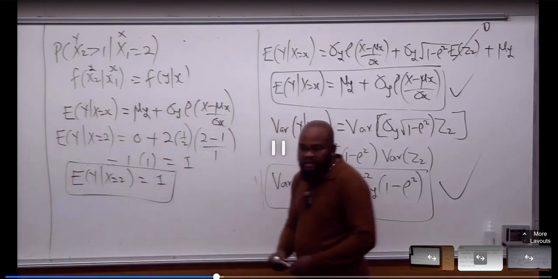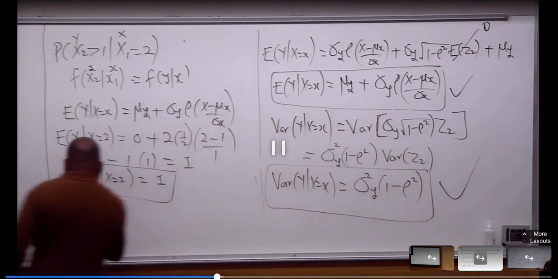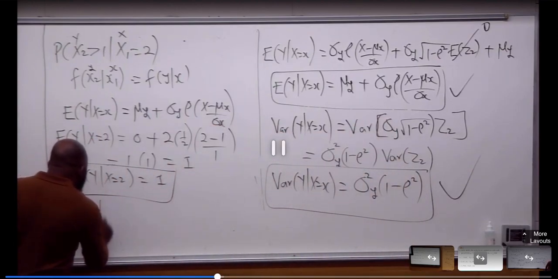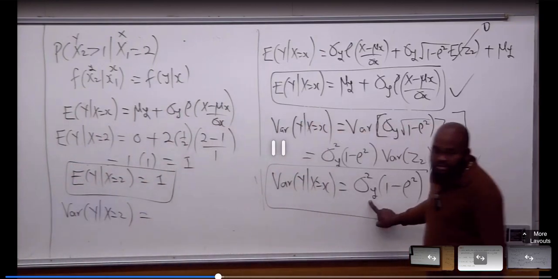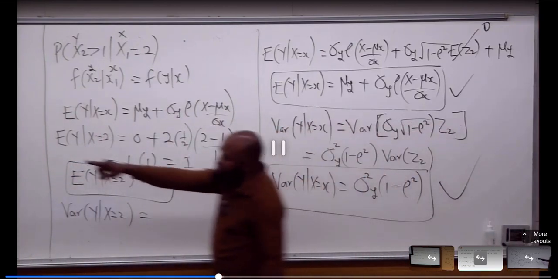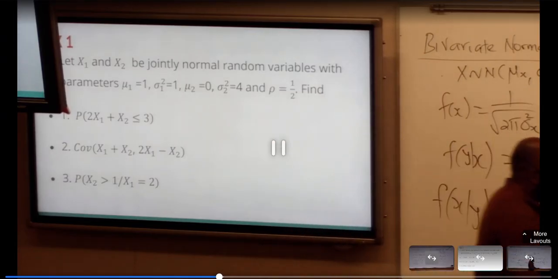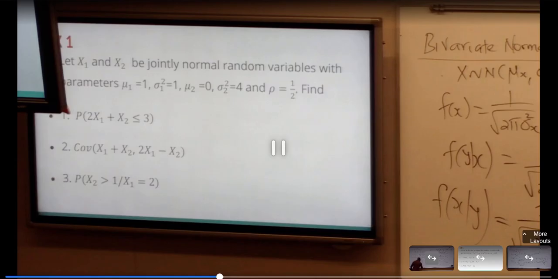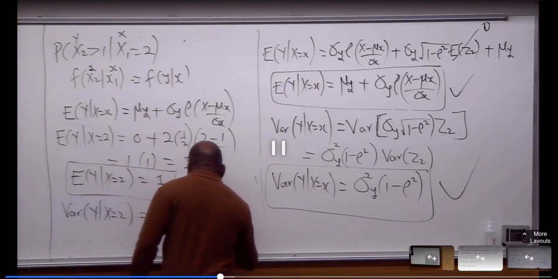Now you need the variance. What is the variance? The variance of y given s equal to 2, sigma y squared. That will be sigma 2 squared. What is sigma 2 squared giving? 4. Okay, 4 into 1 minus half squared.